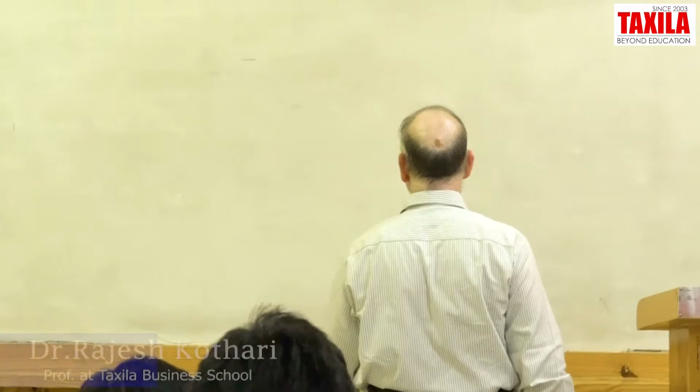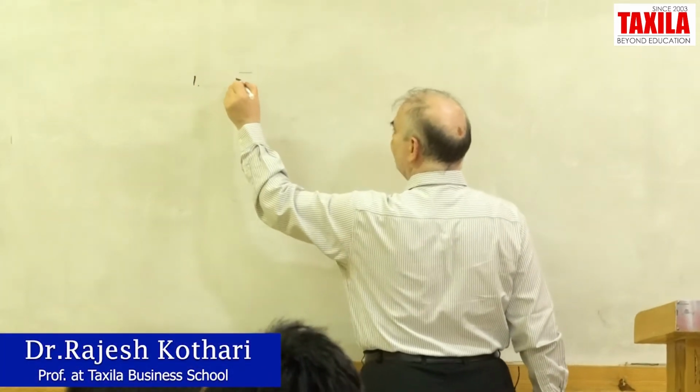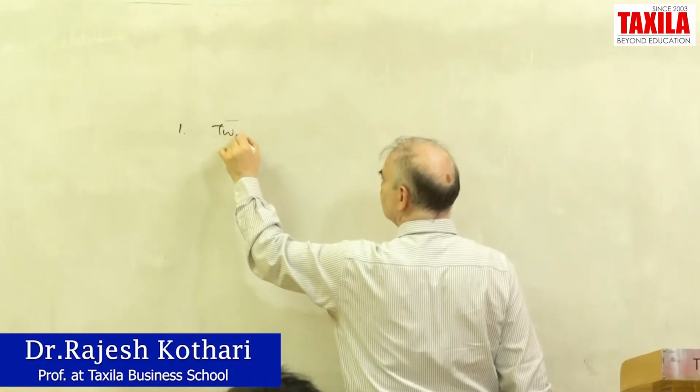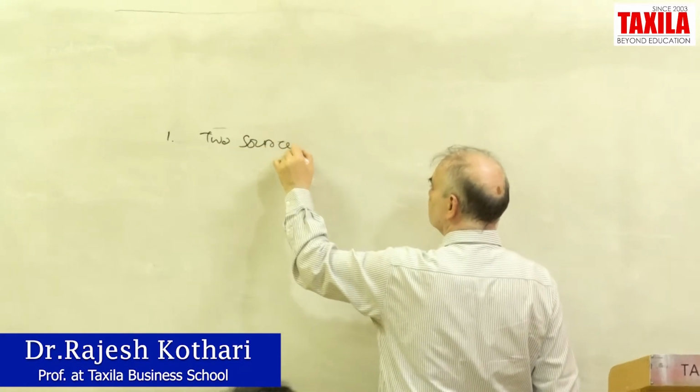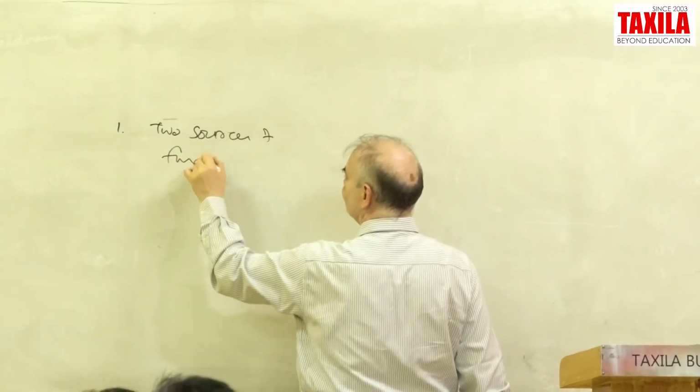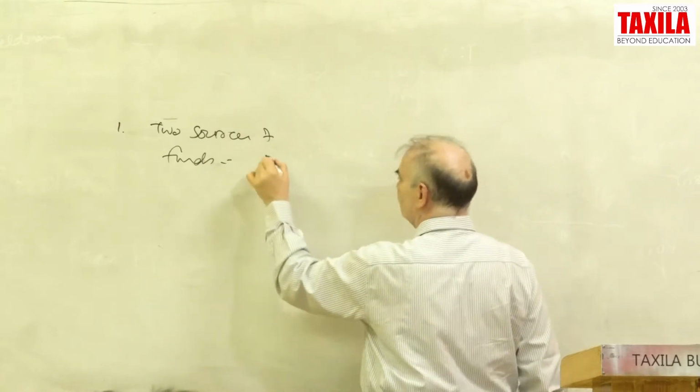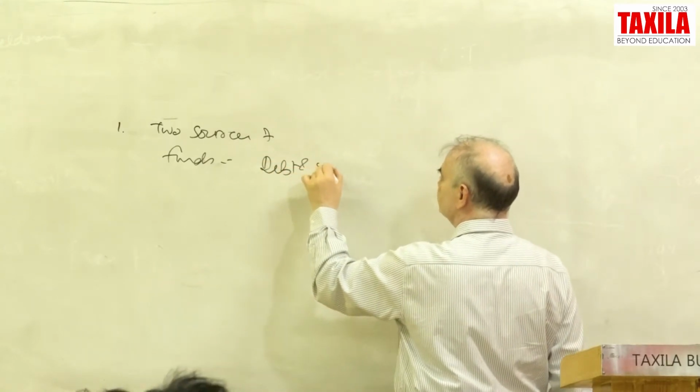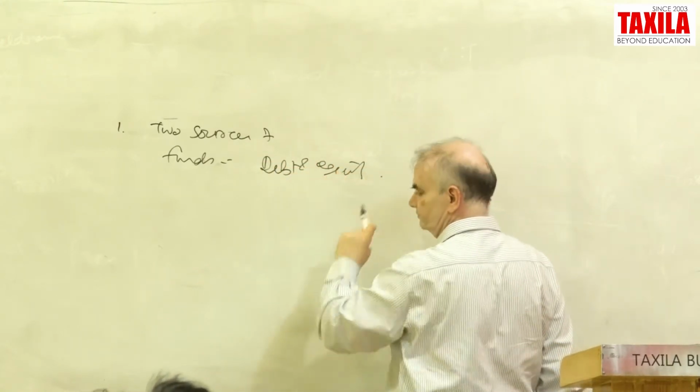Number one, the company has only two sources of funds, or you can say long-term resources. One, debt, and second is equity. All right.